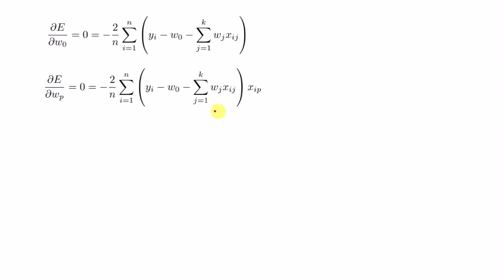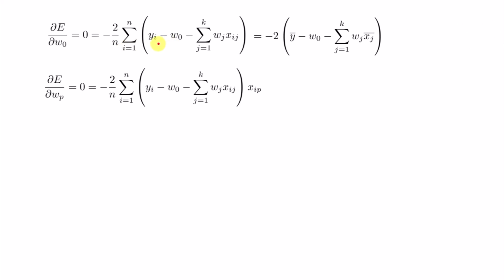So for instance, here, if I take this and write it in terms of averages, bars, then for ∂/∂w0 I can write this as y bar.